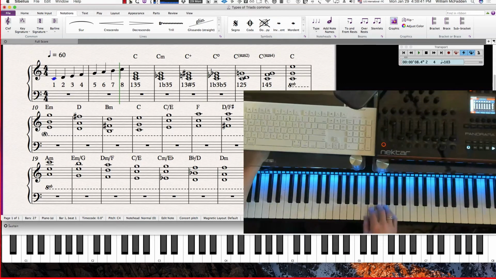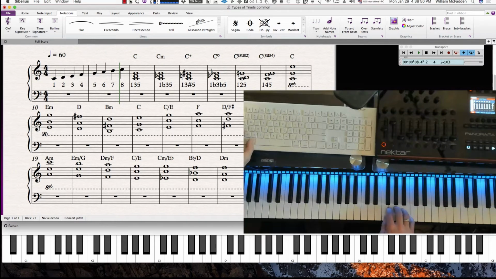So as we take a look at our scale, starting with middle C, here would be the first note, second note, third note, fourth note, fifth note, sixth note, seventh note, eighth note, as we have on the chart here.